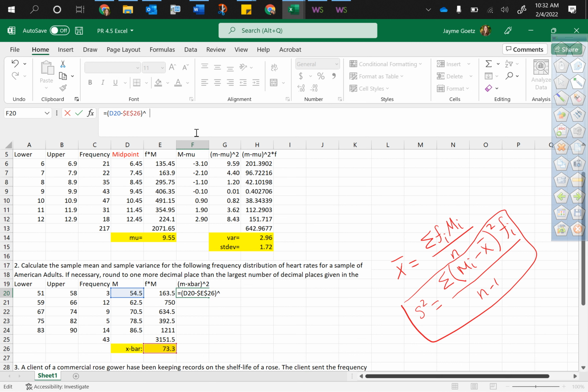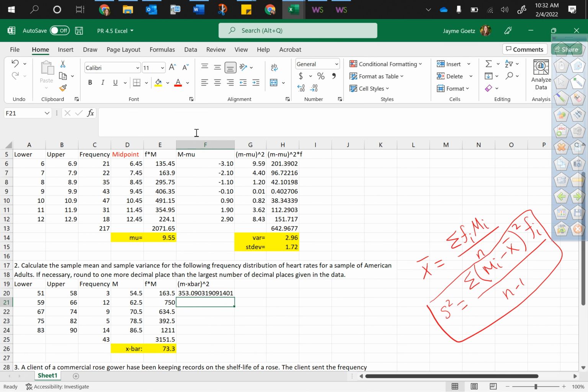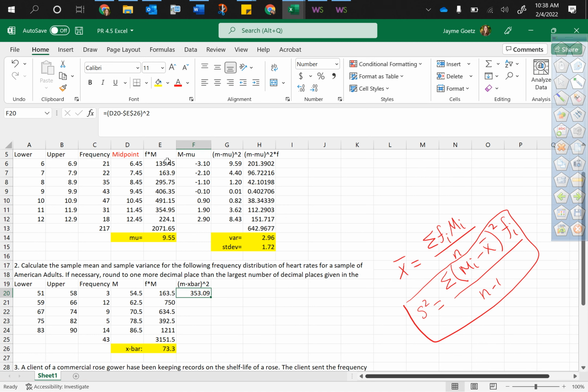So all I did is I took these 2 columns right here, and I just did it in 1 step. If you don't like that, don't do it. Do it in 2 steps. That's okay. But then you can go ahead and drag it on down.